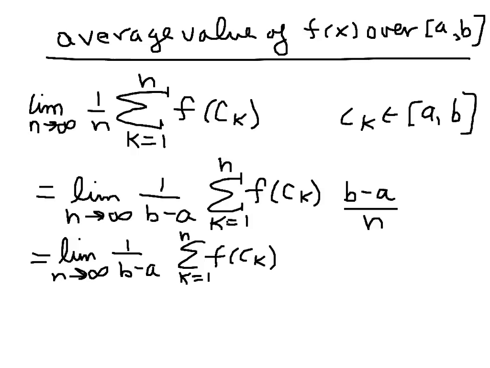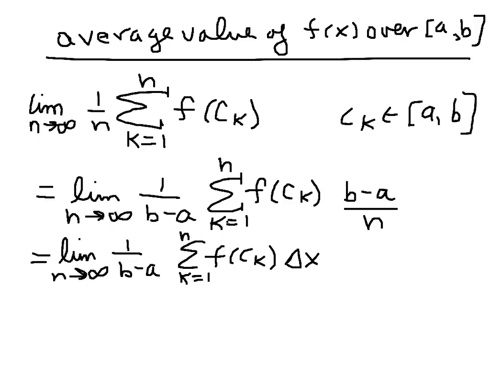And now, what's this? Well, if I take the length of the interval, which is b minus a, and divide by n, you should remember that that's simply an expression for delta x.